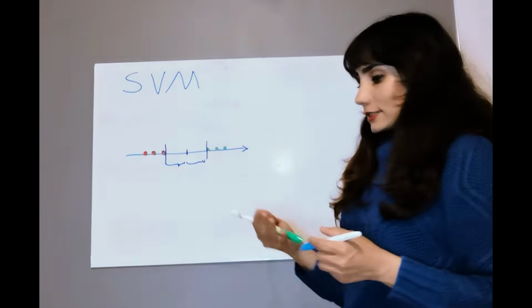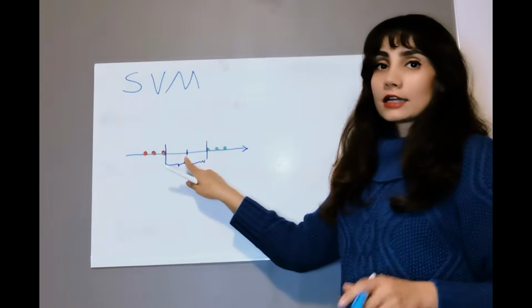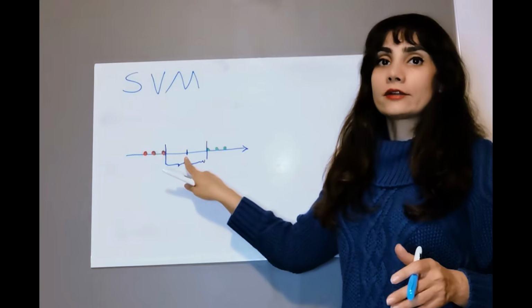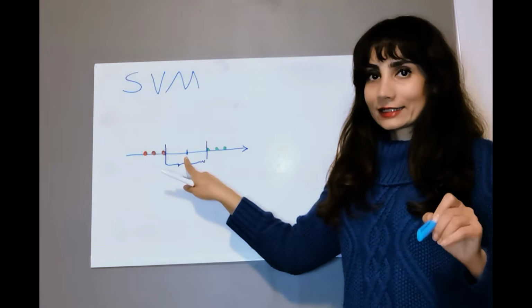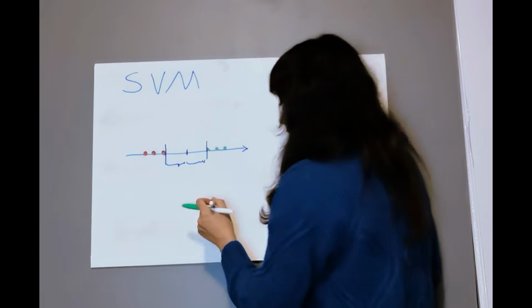Now you see this. What would be a problem if our line is not going to be in the middle? If our line is not exactly in the middle, this is what's going to happen. So for example, I have another line.